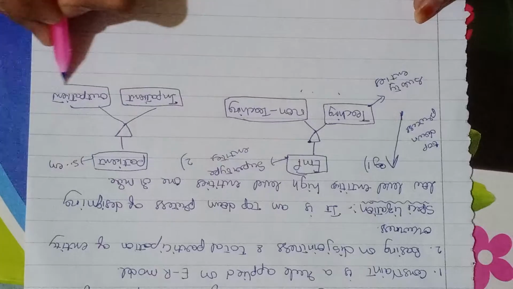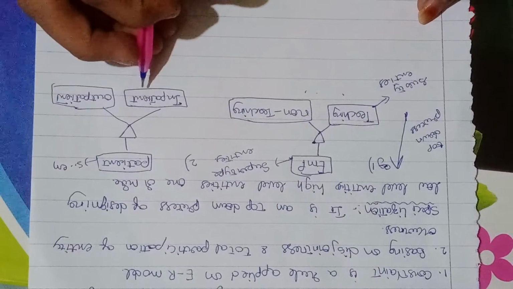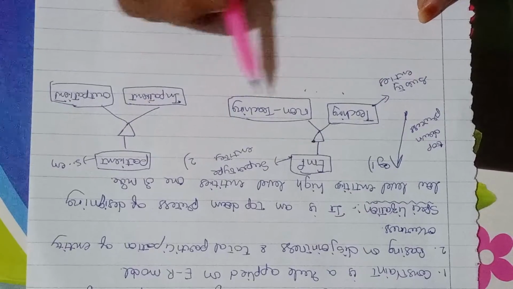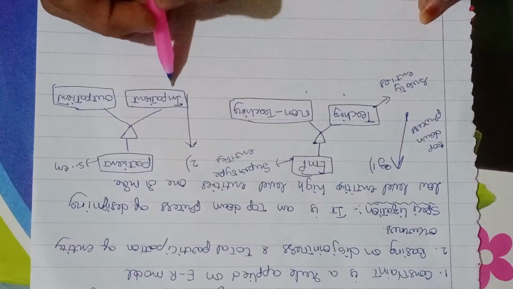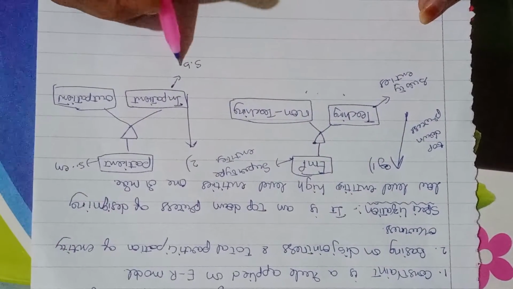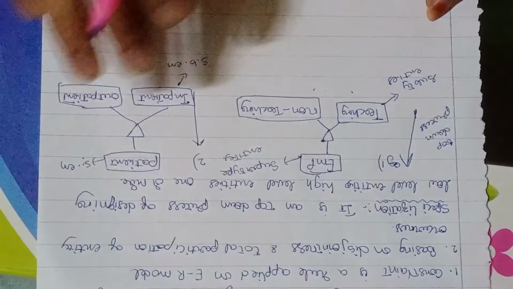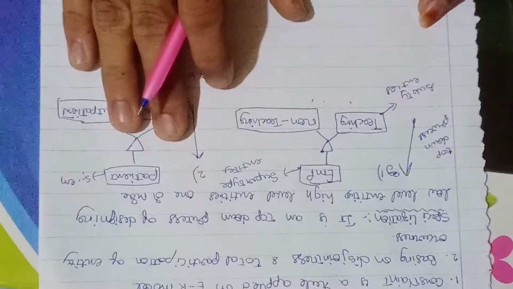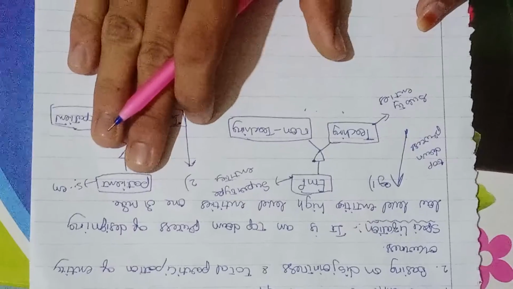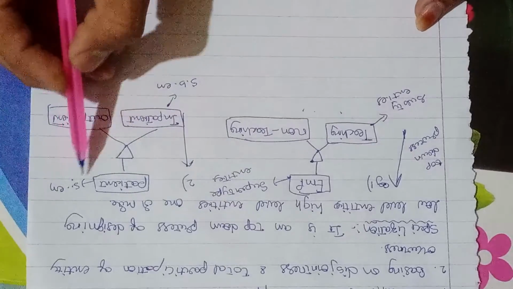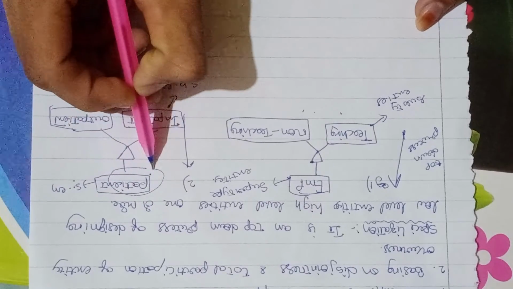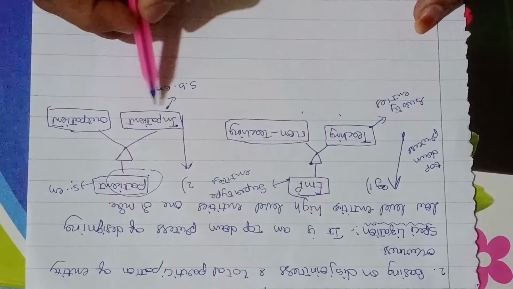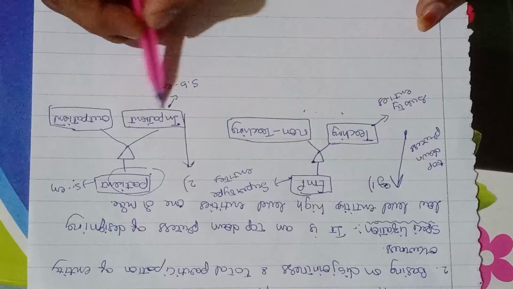This is also a top-down process. We can see this is the subtype entity and this is the supertype entity. This is called specialization. All the attributes of the supertype entity are inherited by the subtype entities.